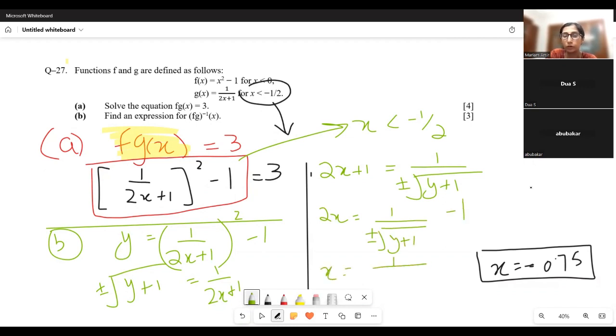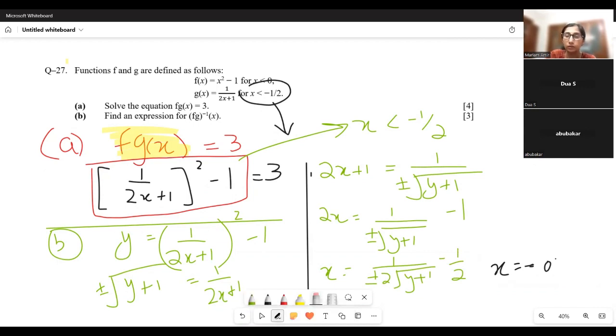2x equals 1 over plus minus square root of y plus 1, minus 1, and then we divide by 2, so 1 over plus minus 2 square root y plus 1, minus half. I've separately divided the denominator 2 with both the expressions. Now we have to determine whether we'll use positive sign or negative sign. That is determined by the domain. So that's going to be a negative sign.